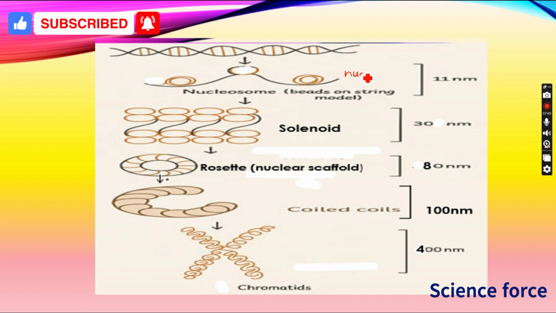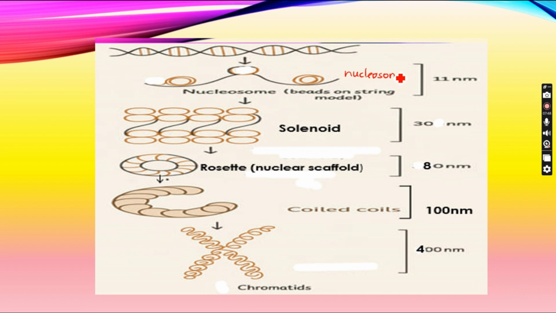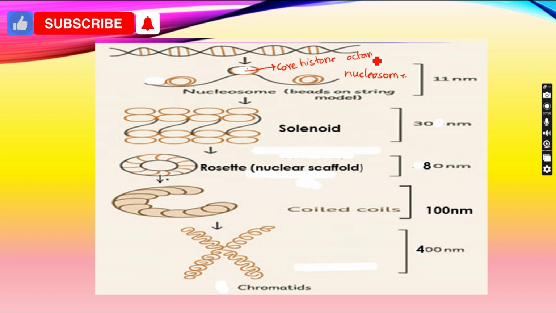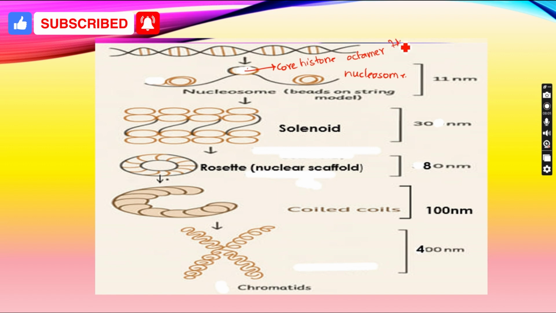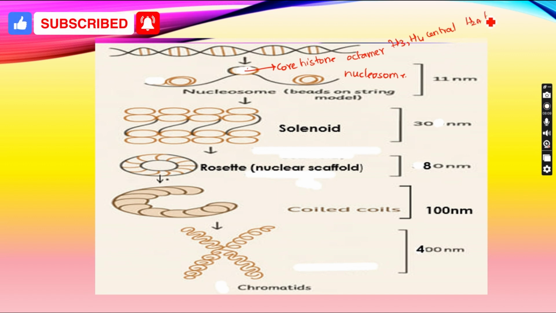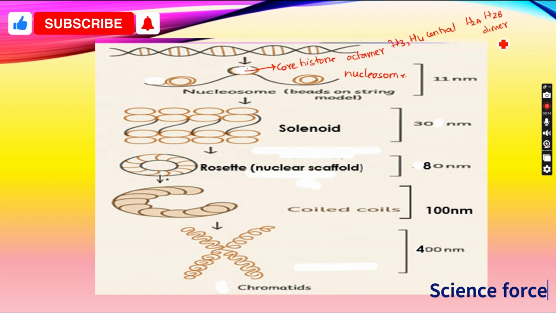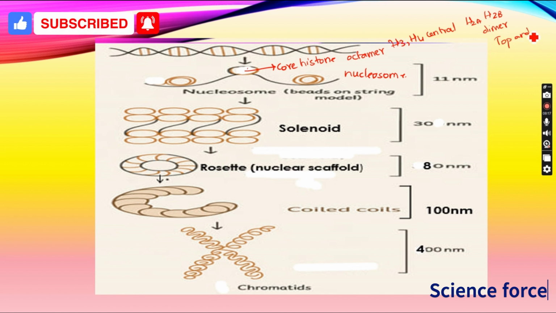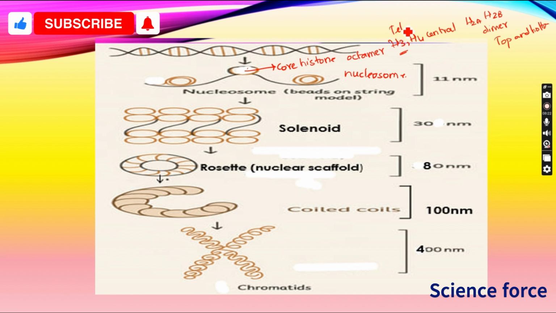This is the nucleosome, which is also known as the bead and spring model, which consists of a core histone protein octamer, which consists of H3 and H4 at the central region, with H2A and H2B dimers flanked on both regions, top and bottom, and H3 and H4 forming a tetramer at the central.